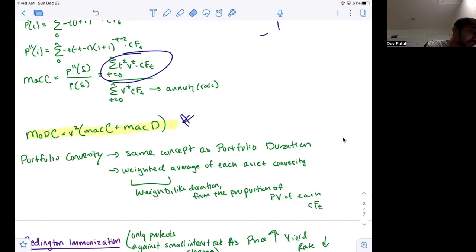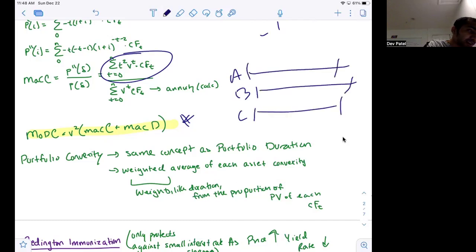So if we have asset A, asset B, asset C, where asset A has convexity X, B has convexity Y, and C has convexity Z, we would need to take the weighted average of that. How do we get the weighted average? We take the present value. What's the present value of A? What's the present value of asset B? What's the present value of asset C? Those would be the weights we would use in calculating the weighted average of each asset's convexity.